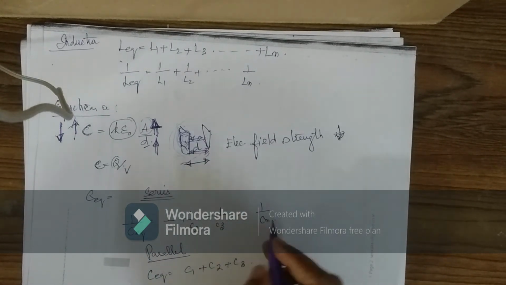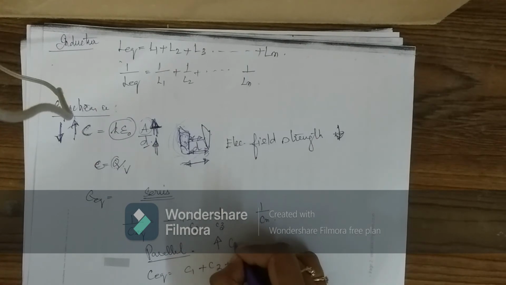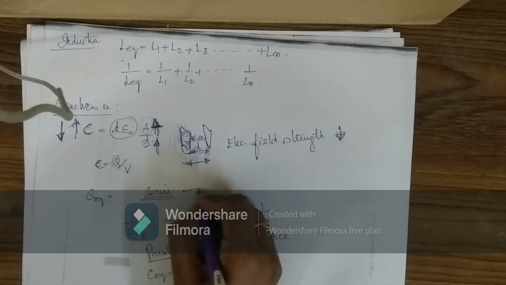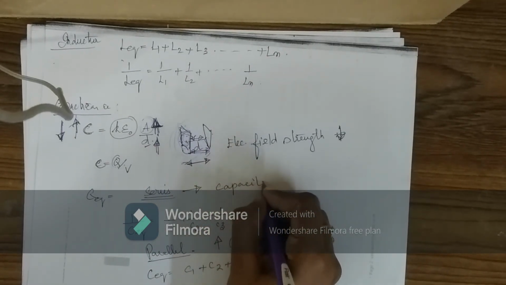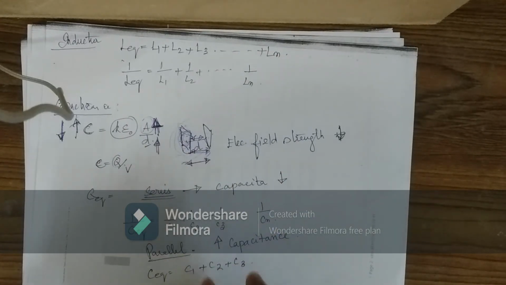So by connecting capacitors in parallel, we can store more and more charge. If it is connected in series, your capacitance value is decreased, a small capacitance value compared to parallel, which gives a larger capacitance value.